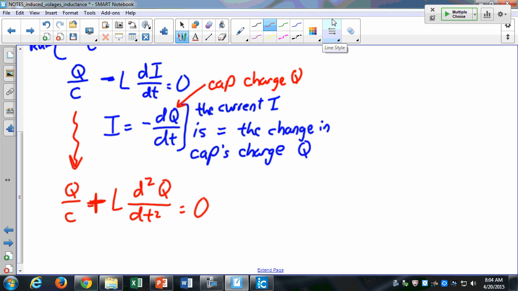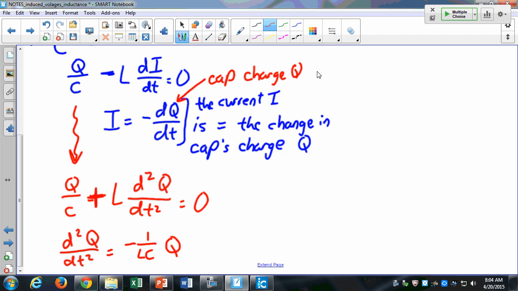All right, so I can rewrite this as d squared Q dt squared is equal to negative 1 over LC times Q. Okay, so that is a second order differential equation, ordinary differential equation, which you might get into in the last part of calculus 2 or 3, but you'll get into it more in differential equations when you take it later.